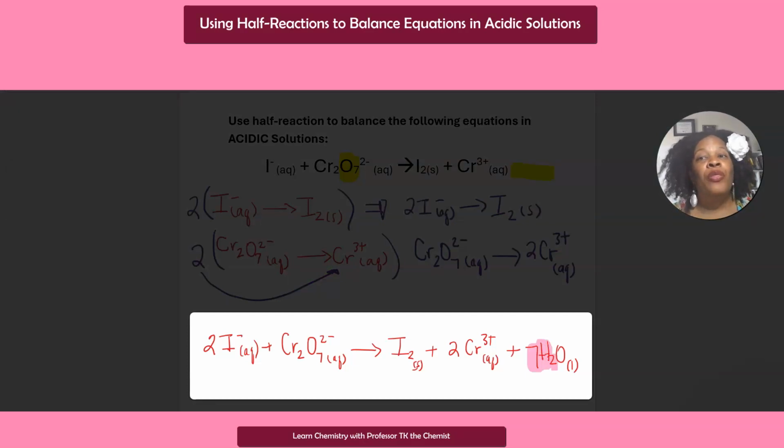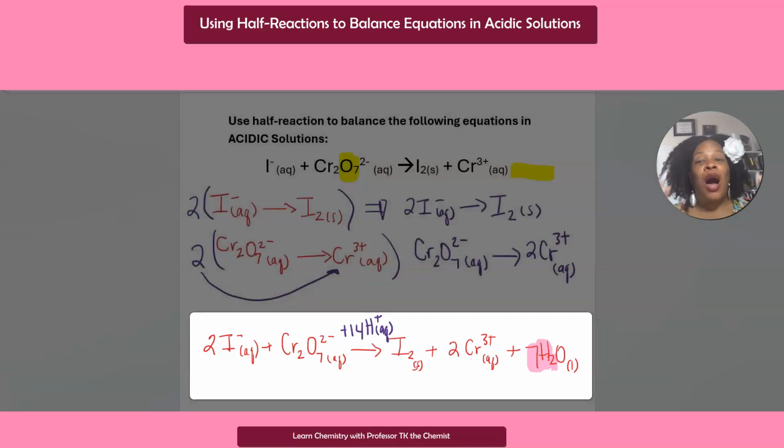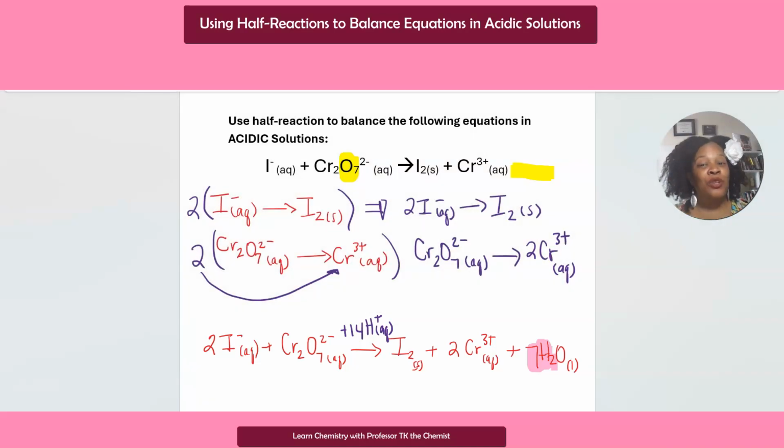So what we're going to have to do on the reactant side, we're going to have to add 14 hydrogens with a plus charge, aqueous. So I'm going to rewrite that out so it doesn't look so messy. So watch what I do.